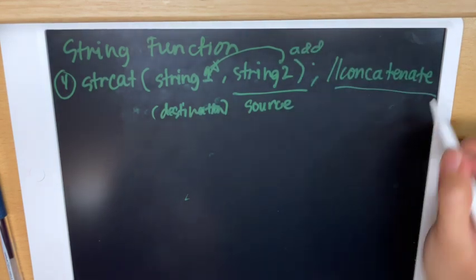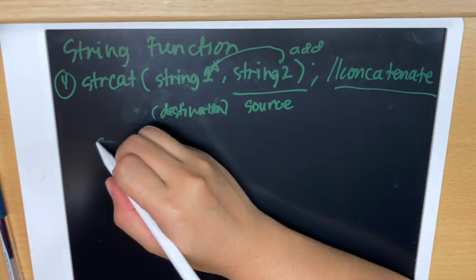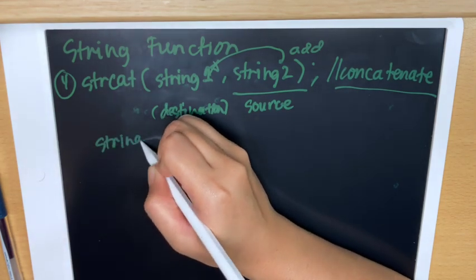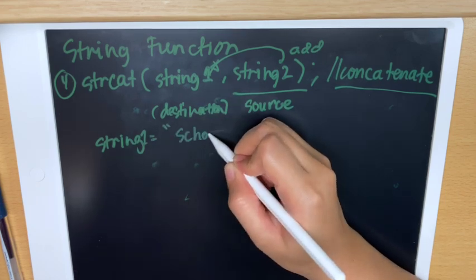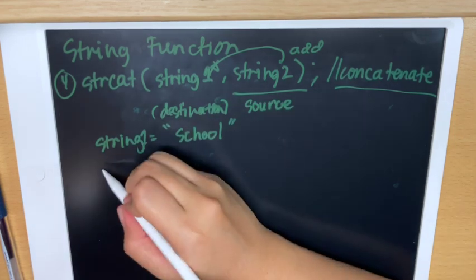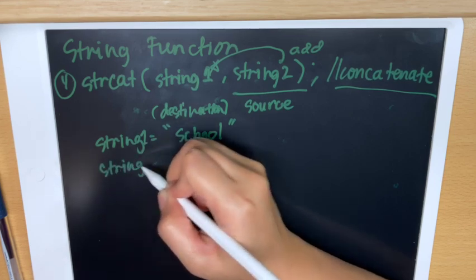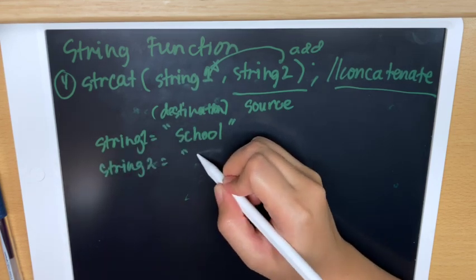So what is concatenate? Let's just say we have a string 1 which is "school" and string 2 is "off".